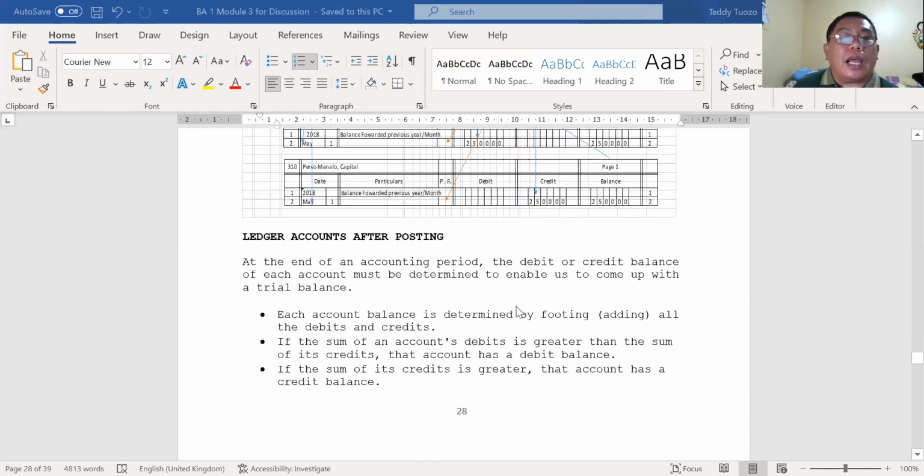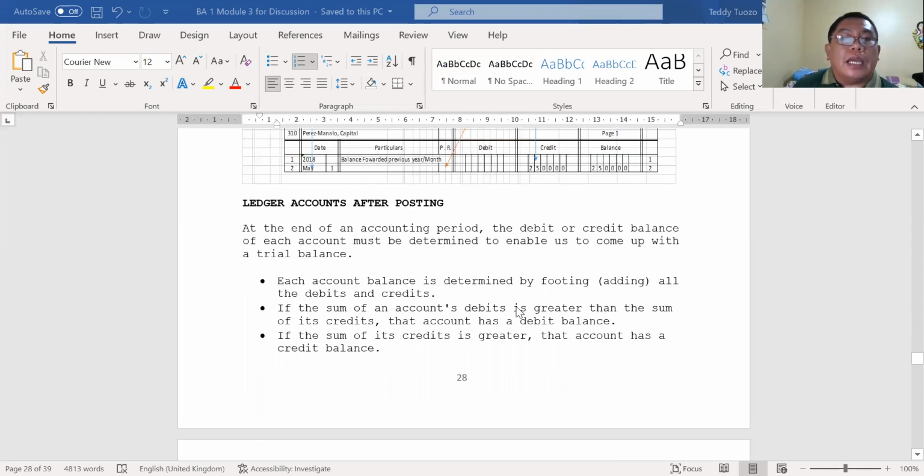Okay, ledger accounts after posting. At the end of an accounting period, the debit or credit balance of each account must be determined to enable us to come up with a trial balance. Each account balance is determined by footing all the debits and credits. If the sum of the account debits is greater than the sum of the credits, the account has a debit balance.